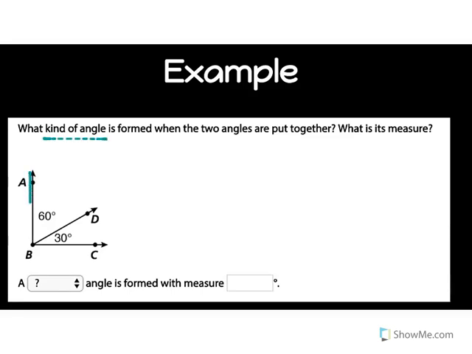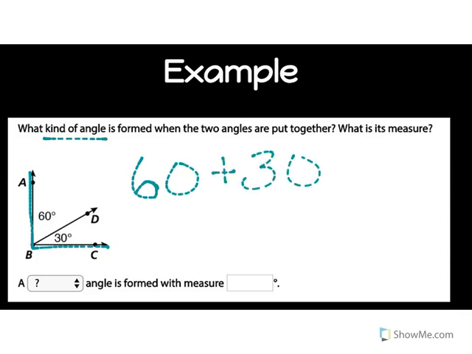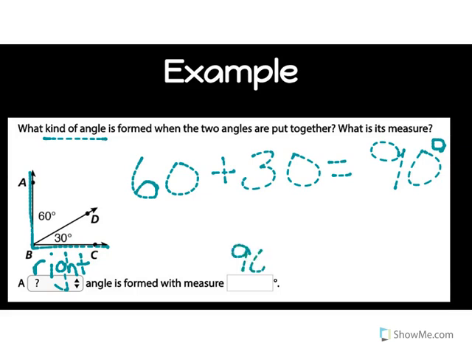Oh, well, I know that if I add these, especially since we just did a problem like this, 60 plus 30 is 90. I know a 90-degree angle is always a right angle. So I would say this is a right angle with a measure of 90 degrees. So I can use what I already know about angles to answer this question. Let's look at another example.